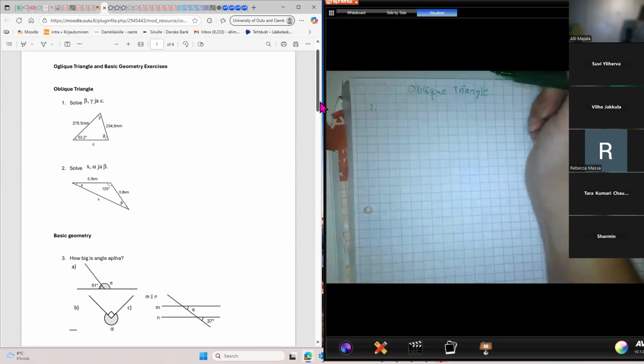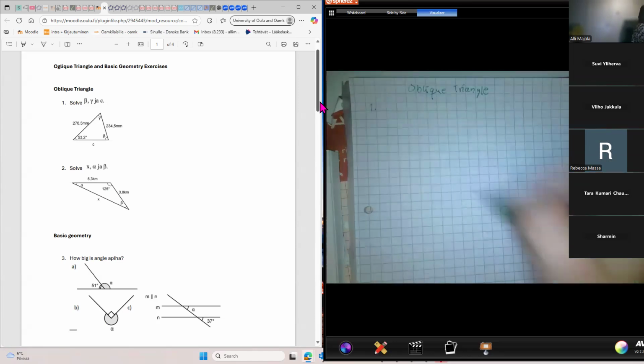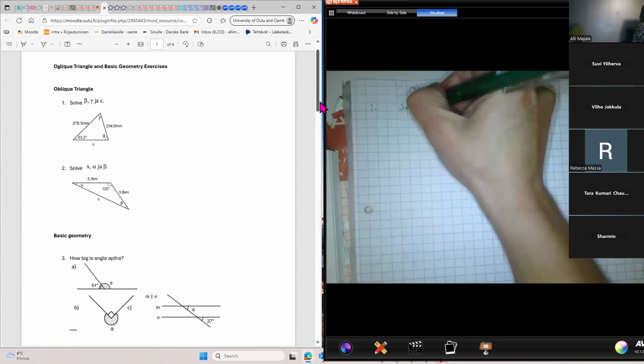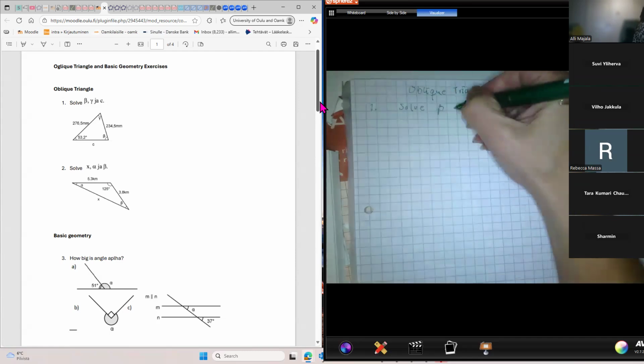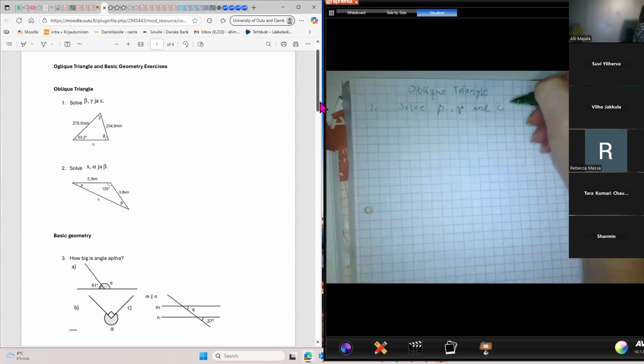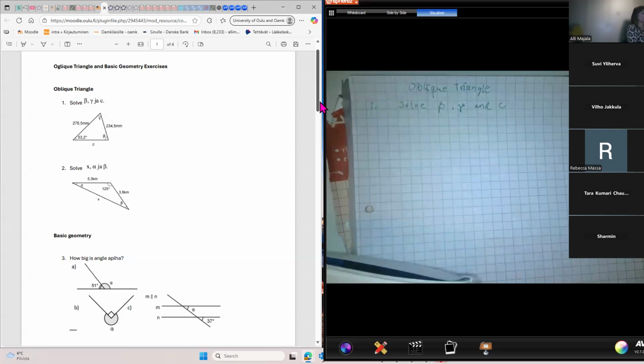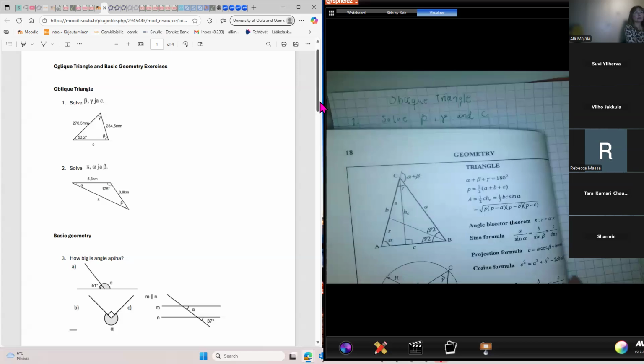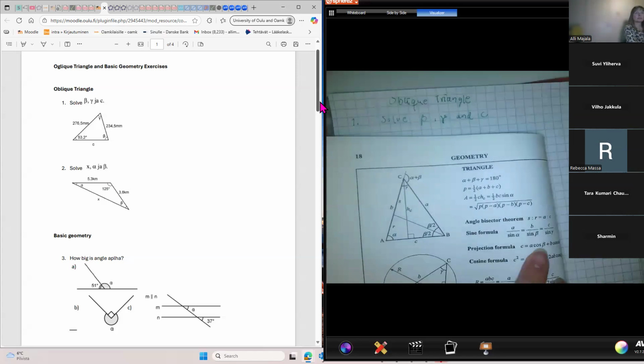So if we have something like this and you have to solve these parts, obviously you can use either the cosine or the sine formula, but for example, the sine formula would be good here.